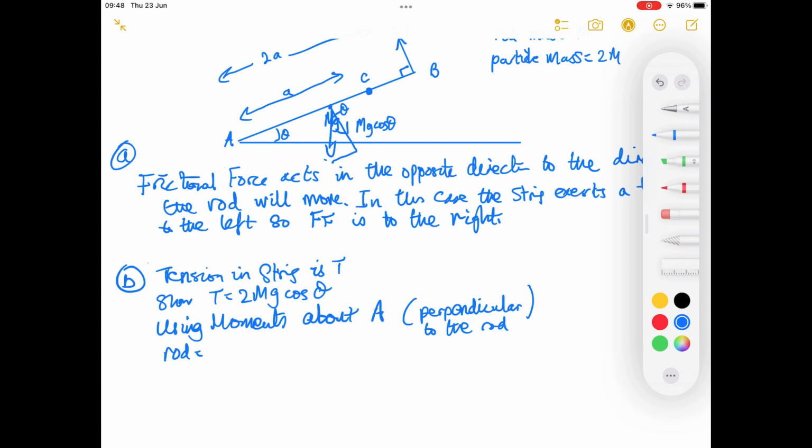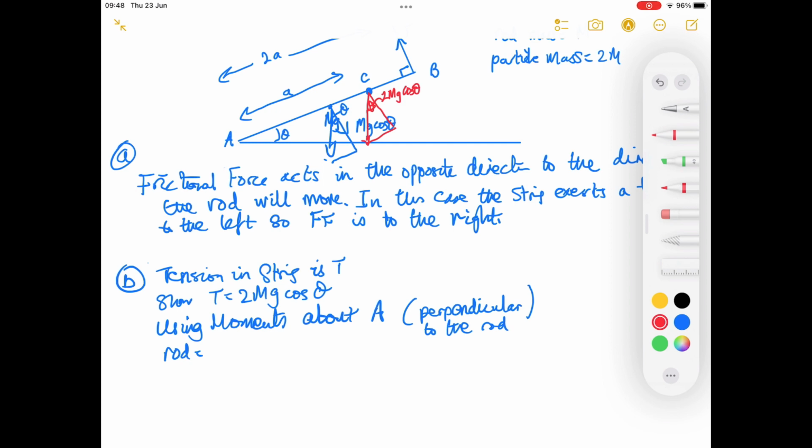So the perpendicular force of the rod is mg cos theta, times a. While we're at it, let's look at the particle. Again, a similar thing, angle theta there. The weight of the particle is 2mg, so here the force perpendicular is 2mg cos theta.